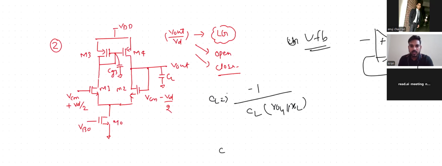The pole due to this CGD will be like CG3 times GM4 by GM3 by CG3.